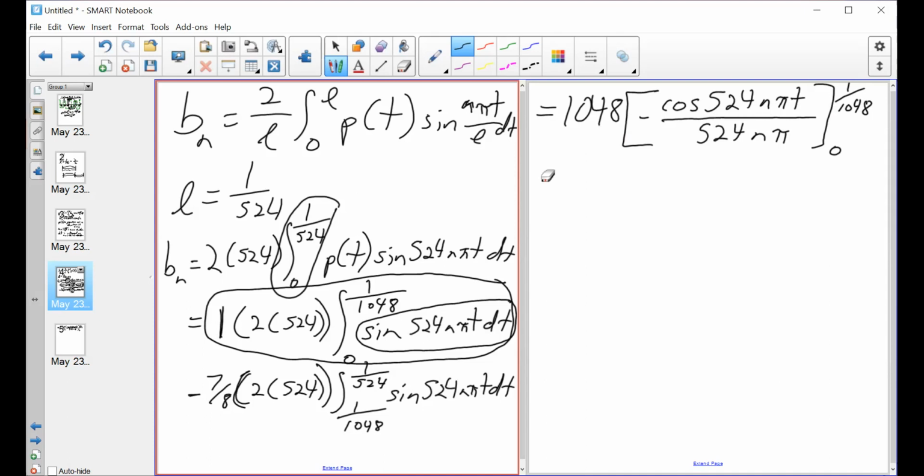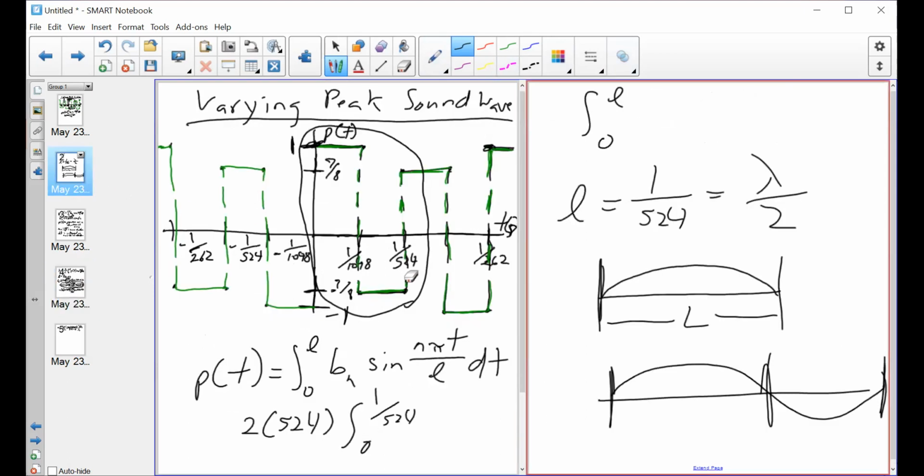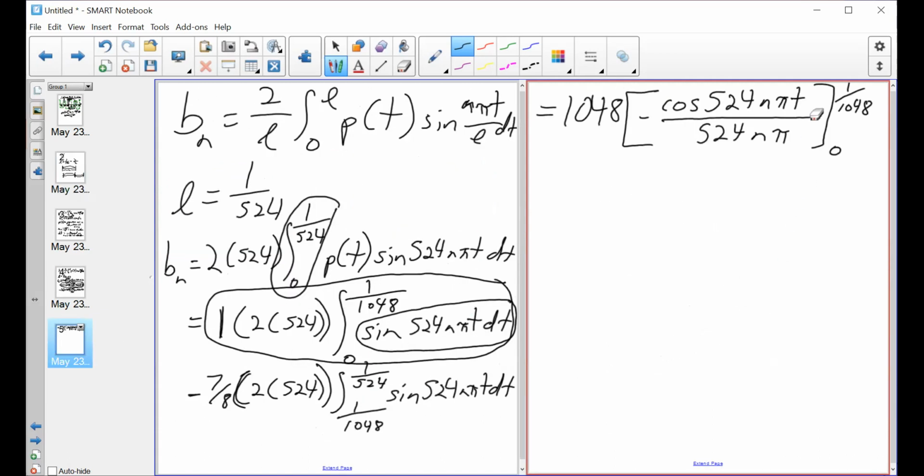So the first thing that we do is we take care of this function at the upper bound, right? And these boundaries, or these limits, whatever you want to call them, correspond to time t. Why, Mr. Kelly? Why do those boundaries correspond to time? Because it's a time axis, and all of these numbers are times, right? So that's why. So we're going to put everything here in terms of t, in place of t.